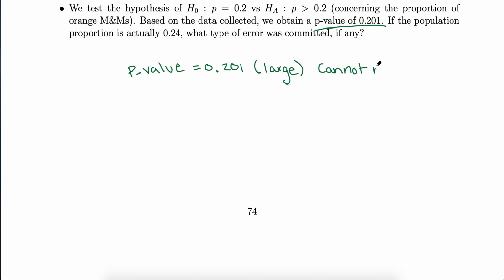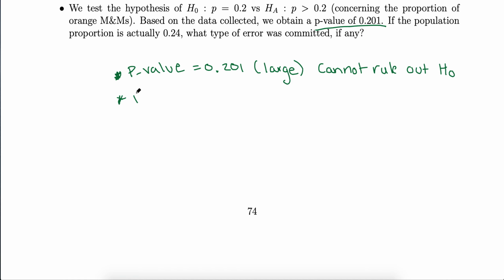Cannot rule out H0. If the null's true, there's a decent chance of seeing our data, so we can't rule it out. It's possible. So we've got our decision.